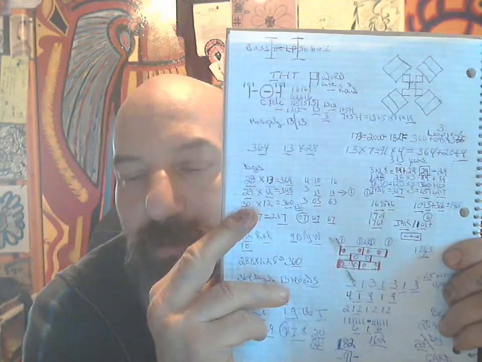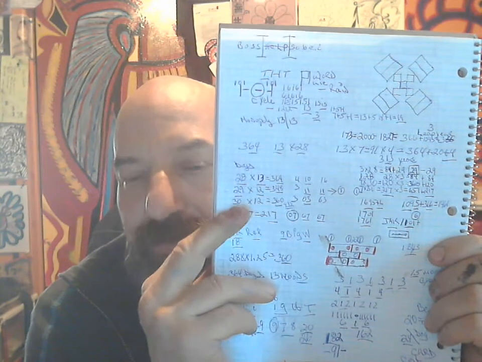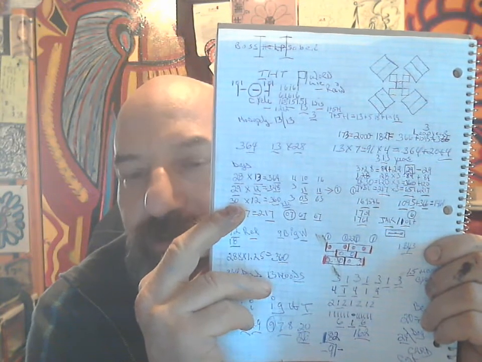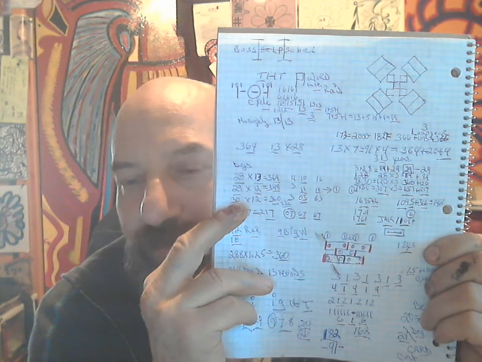Creation comes in the actual 4 months. 4 months of 30 days in a year. 4 months of 30, 30 becomes 36, equals 144. 144 is 96 hours and 48 hours.